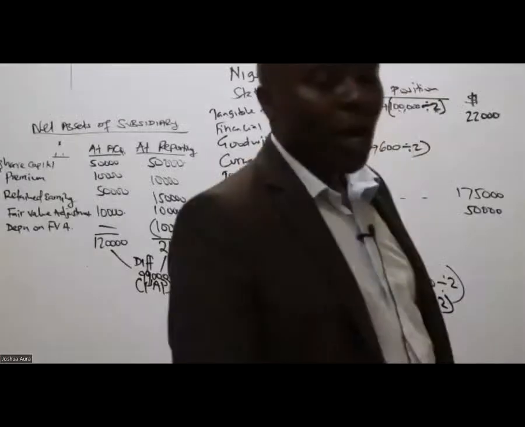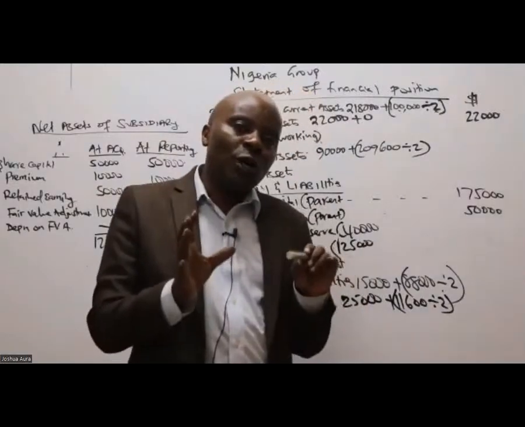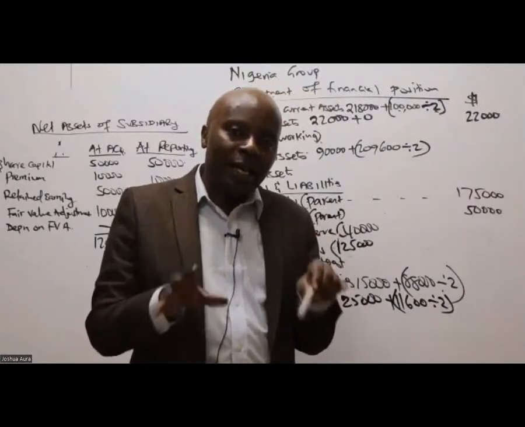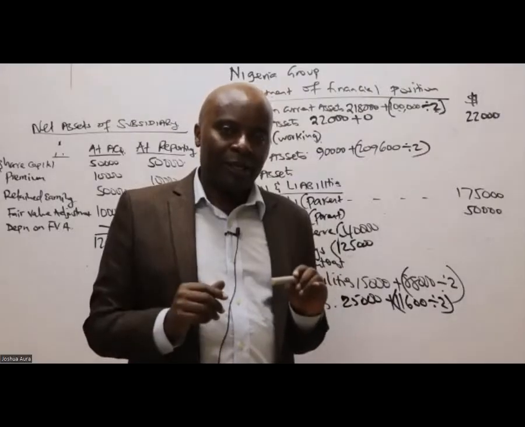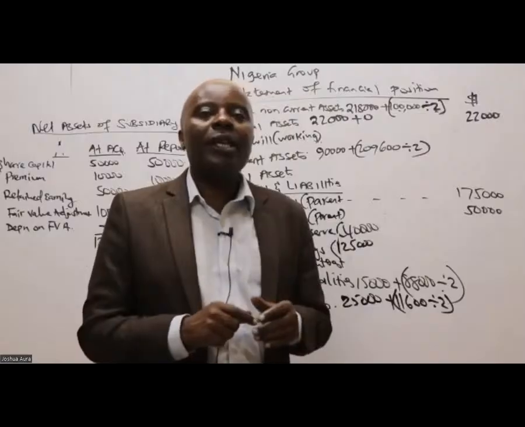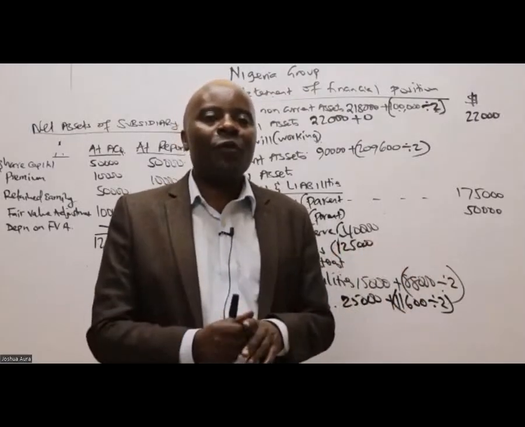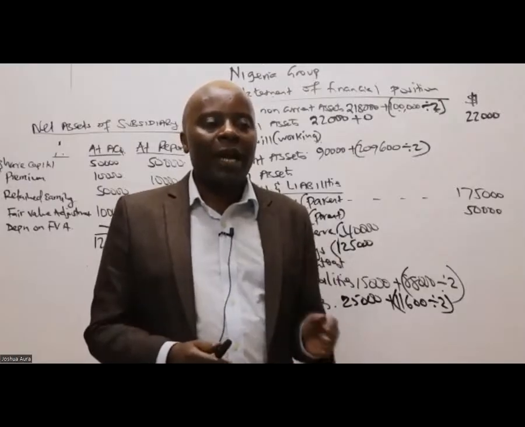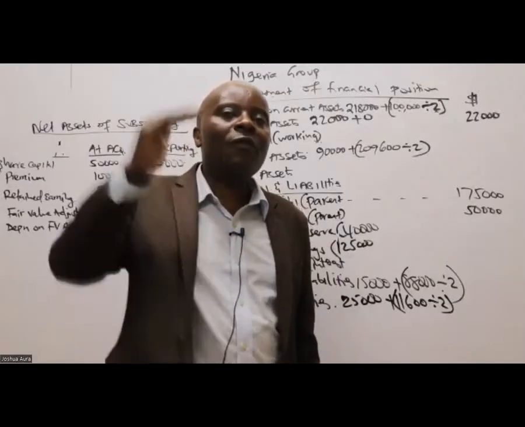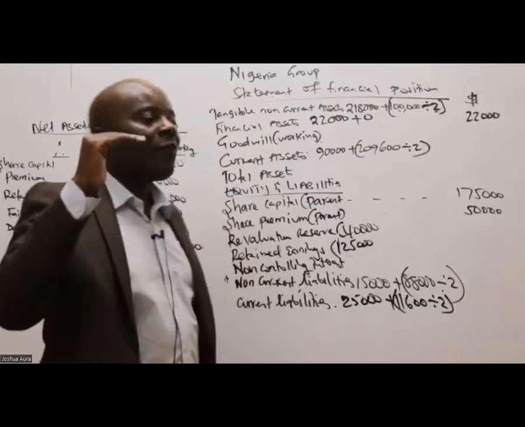So remember, when you acquire a subsidiary, it is very important for you to have the assets valued afresh. And when this valuer came, he realized that everything else was okay, apart from one item whose fair value was higher than the book value. So this is what we are calling fair value adjustment.